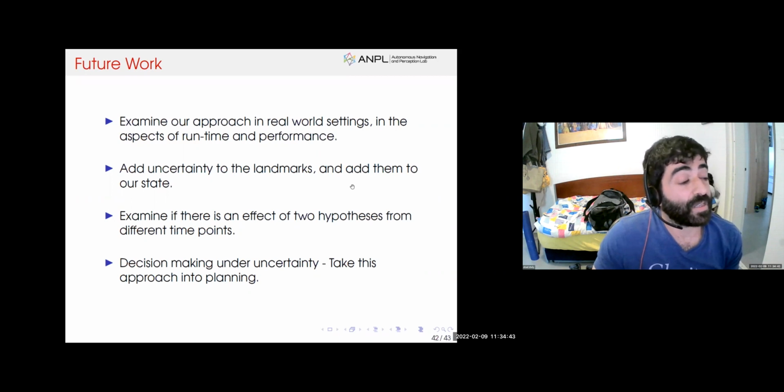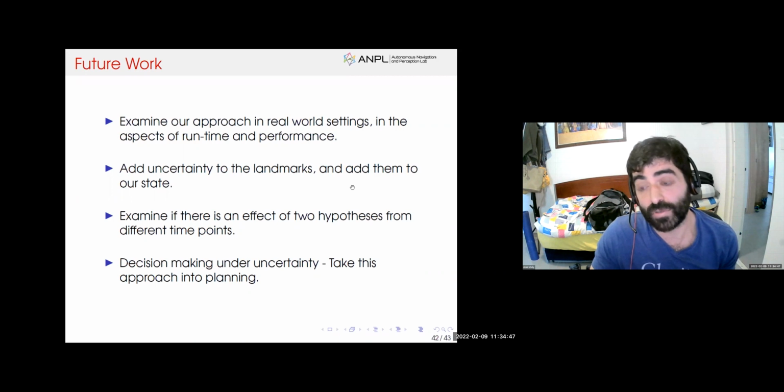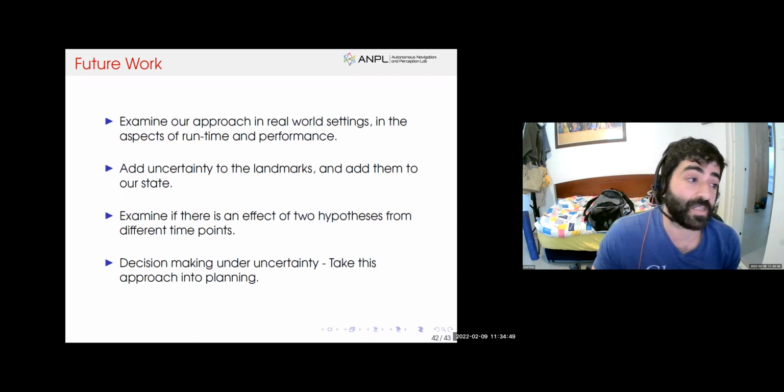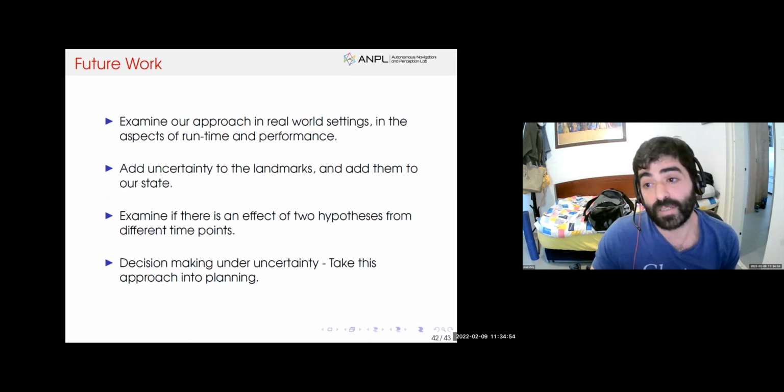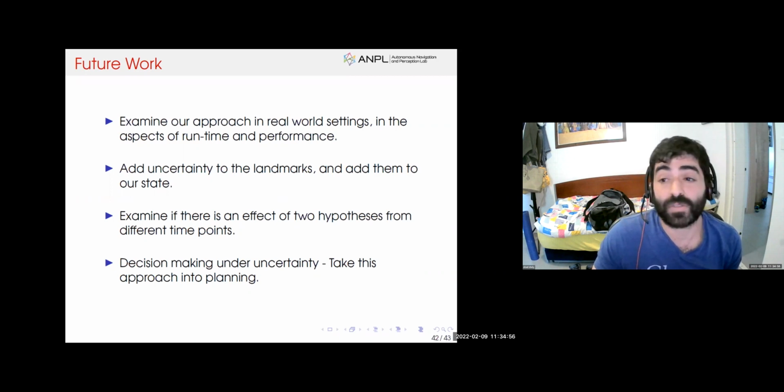Third thing we think can be interesting is to review it by taking two hypotheses, either given to us or chosen from different time points, and review the correlation between them. And if they're correlated, what point of interest can that be taken to?